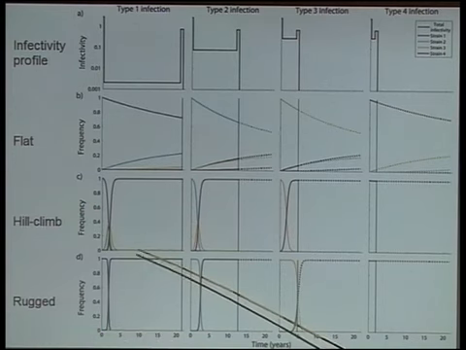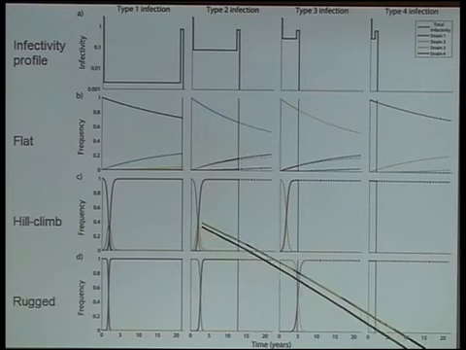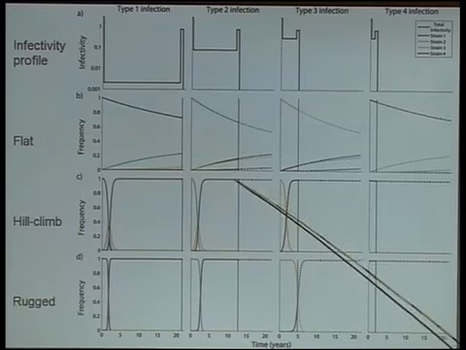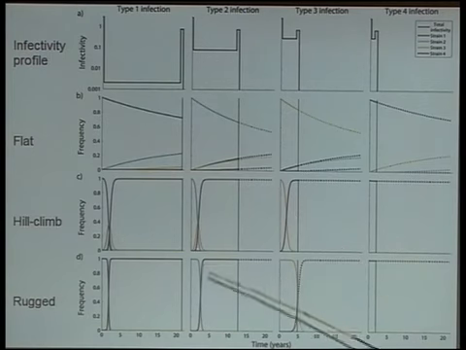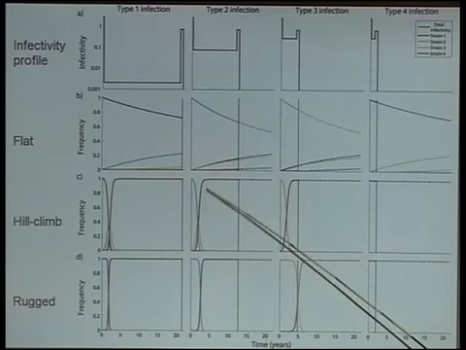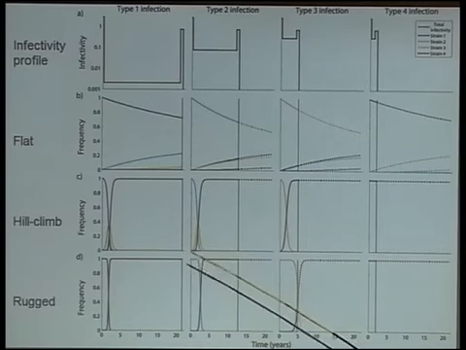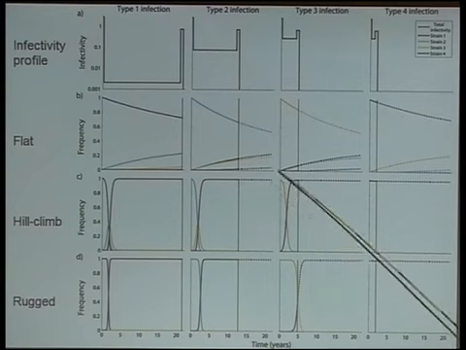Because you can only mutate one step at a time. If you start from strain 2, then strain 3 appears, and then strain 4, and strain 1 does not appear because it's less fit than strain 2. So any other strain is fitter than strain 1, so strain 1 does not take over at all. And if you start from strain 3, only strain 4 appears, and if you start from strain 4, nothing happens.